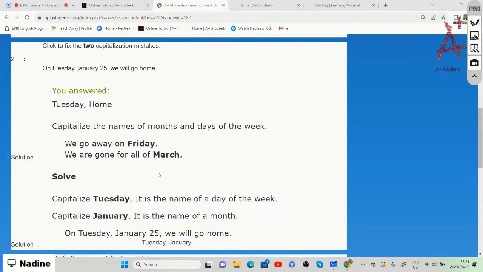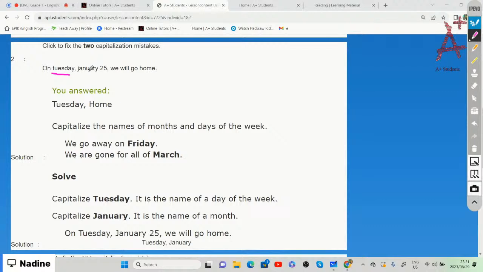If we select two capitalization mistakes within that sentence, we are going to choose Tuesday as well as January, right? Tuesday is the day of the week, which means that it needs to be written with a capital letter T. And January is the first month of the year, and we need to write January with a capital letter J, right?